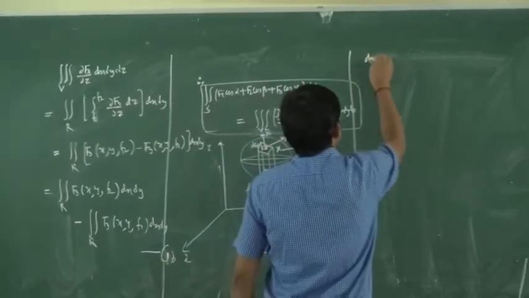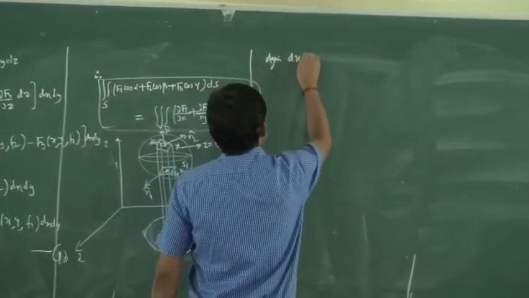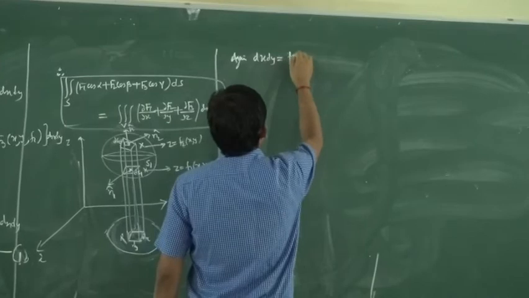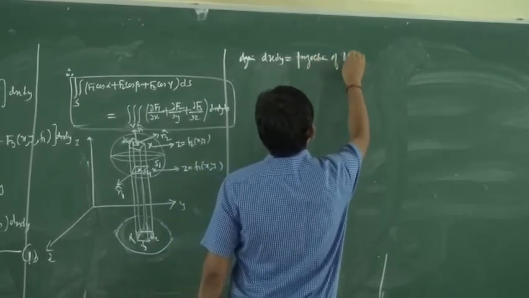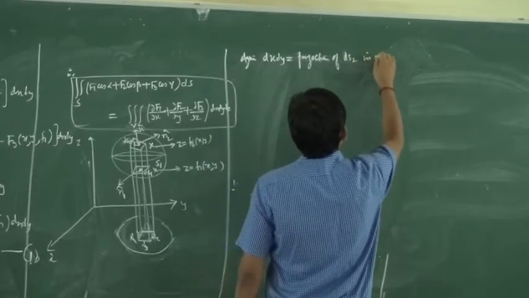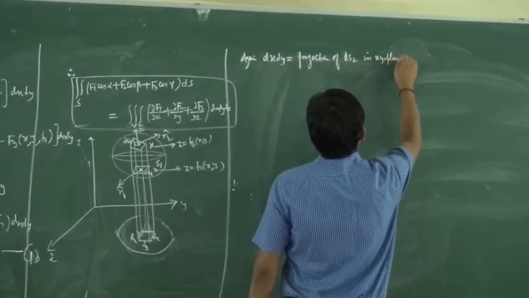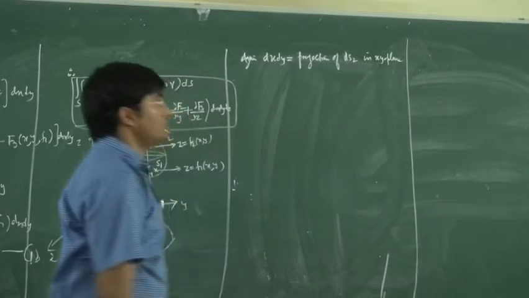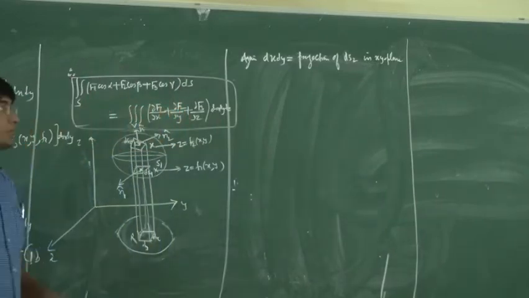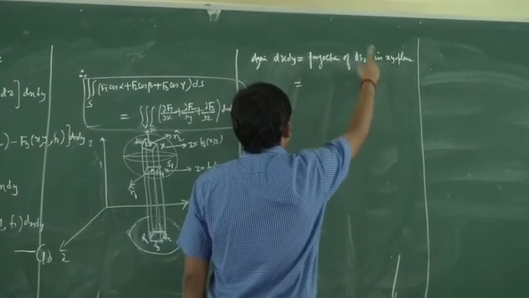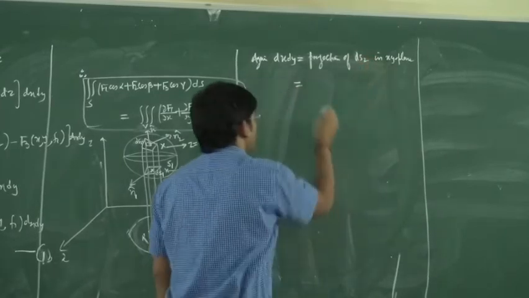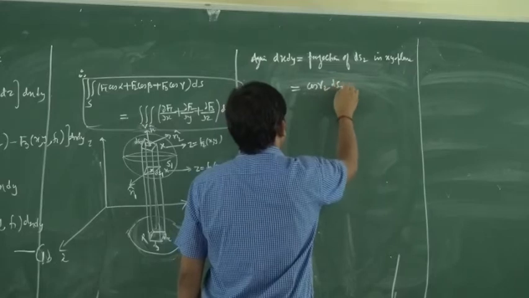So dx into dy is equal to the projection of ds2 in the xy plane, which is equal to cos gamma 2 into ds2.